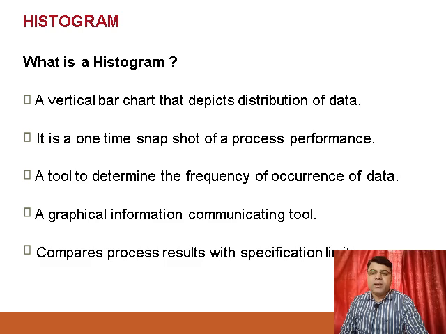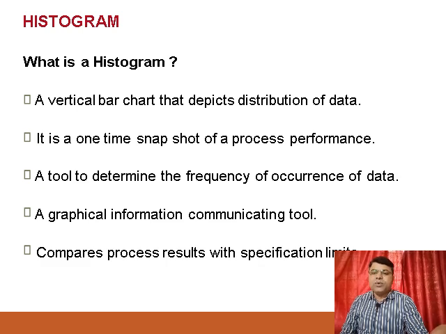We can take historical data and use the histogram to denote the performance of any process, or some kind of data in which there are some non-conformities. It shows the interval of non-conformities in graphical representation.